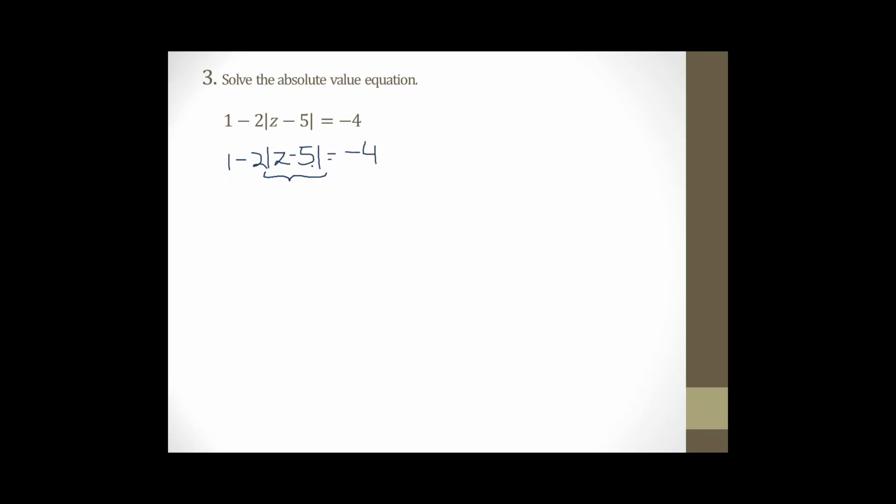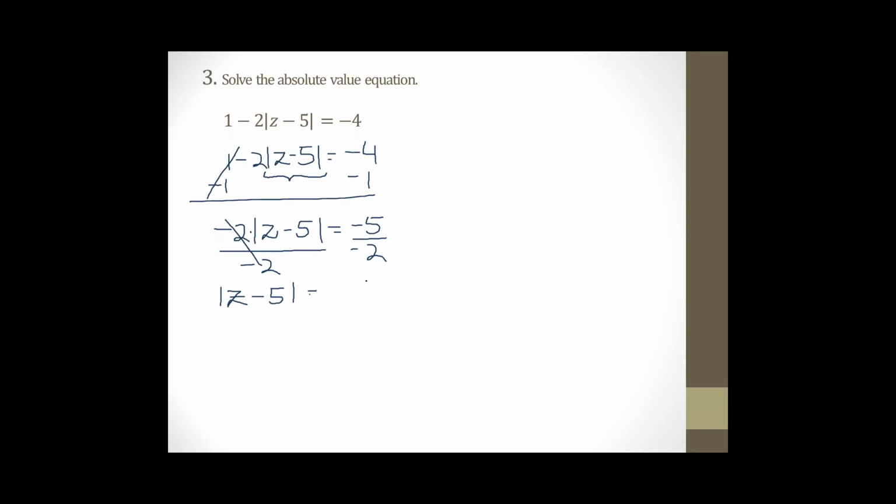So to get the absolute value by itself, we first subtract 1 from both sides, and we are left with -2 times the absolute value of z minus 5, and that is equal to -5. And then we divide by -2 because this indicates multiplication, and the opposite would be division. So divide by -2 on both sides, and you are left with the absolute value of z minus 5.